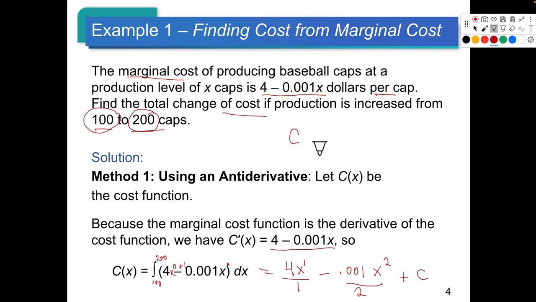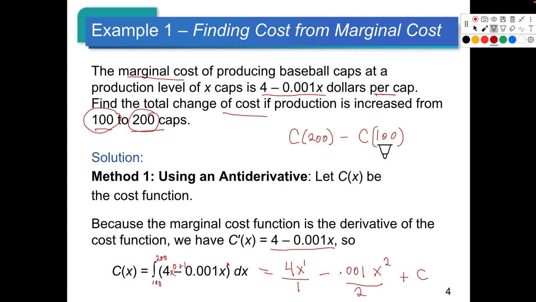Wouldn't we just take the antiderivative we found at 200 minus the cost at 100? Because we now have a cost function, don't we? It's not a marginal cost. It's a cost function that's going to return values, the actual cost.